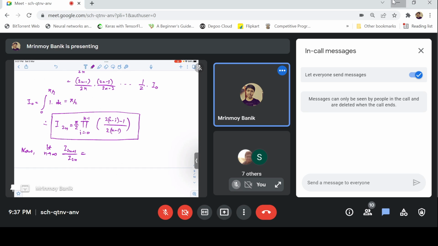Sorry, this is n minus 3. So they get squared up. So all of them are getting squared up, right?